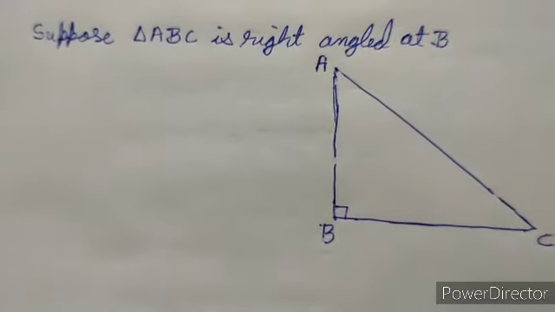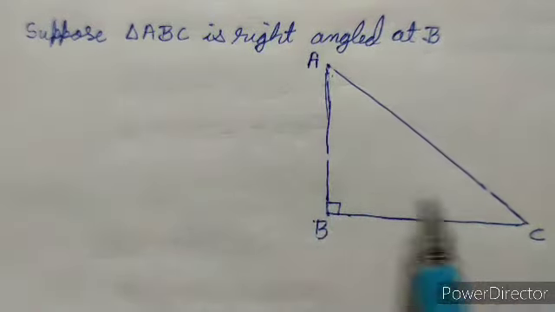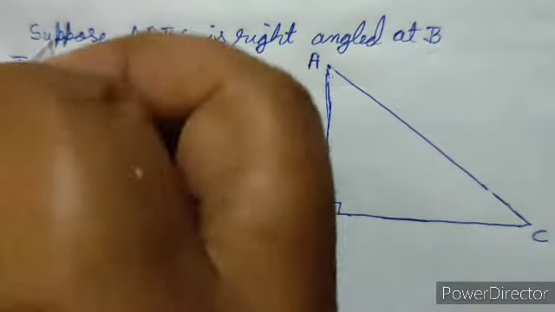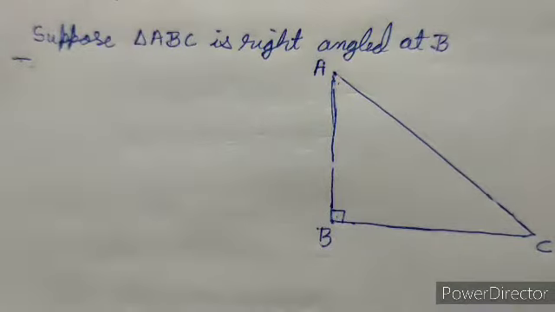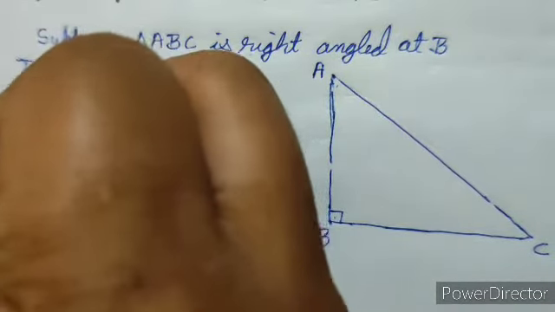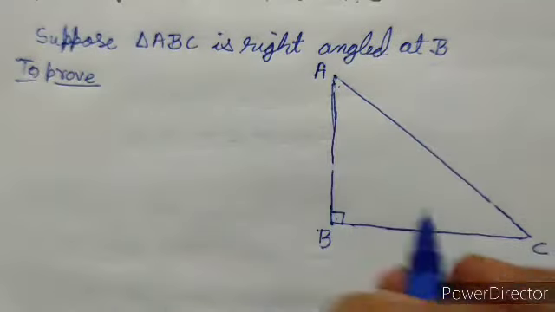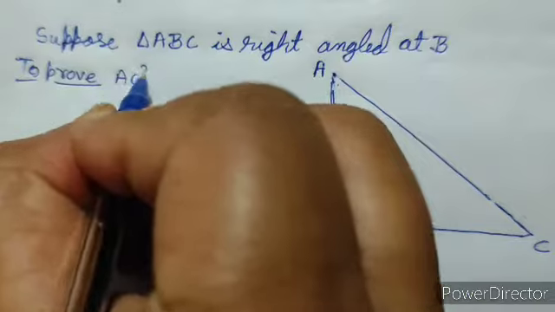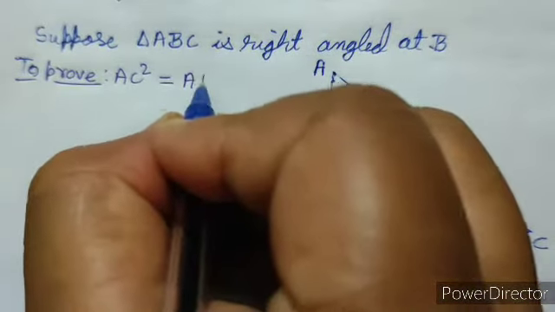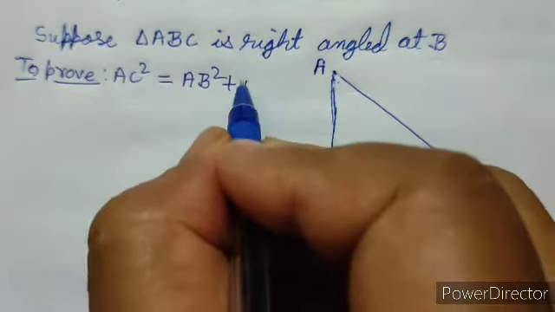Now suppose triangle ABC is right angled at B, then we have to prove that AC square is equal to AB square plus BC square.